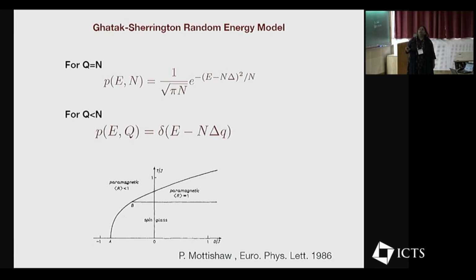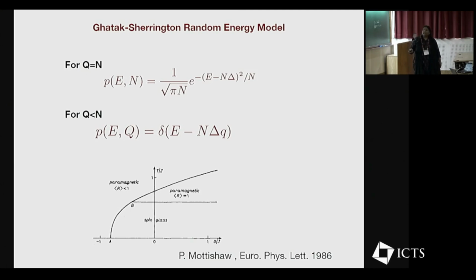That is, when Q is n, all the spins are plus minus 1. In that case, the distribution is Gaussian with mean n delta. There should have been a Q here, I missed it. It is just like what we took, but we had a Q here, but here there's no Q because Q is n. And when Q was less than n, it was just a delta function, which roughly says that there's a Q value which gets picked up by E. Besides that, it's almost like a free gas.